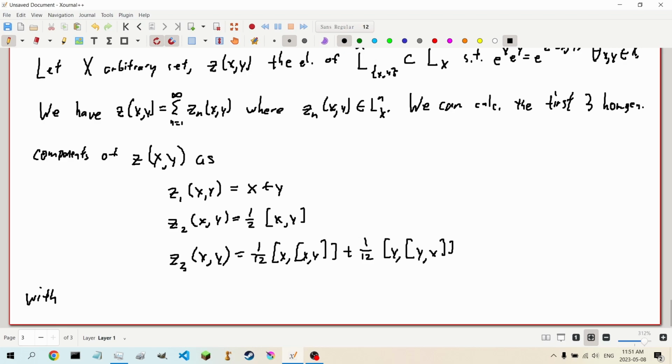When y is 0, this is x. When x is 0, this is y. And for z, where the first component is also a z of w comma x comma y.